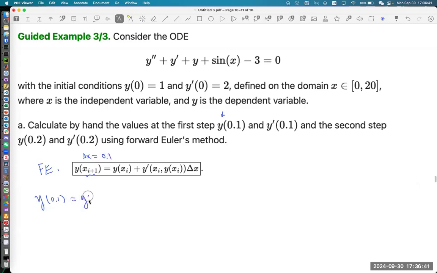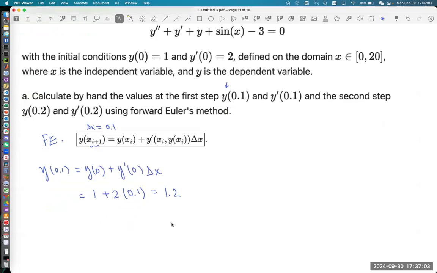It is equal to y of 0, the initial value, plus y prime of 0 times delta x. And y0 is 1, and then y prime of 0 is 2, delta x is 0.1. So this should be, what, 1.2. Okay, so we have solved this.